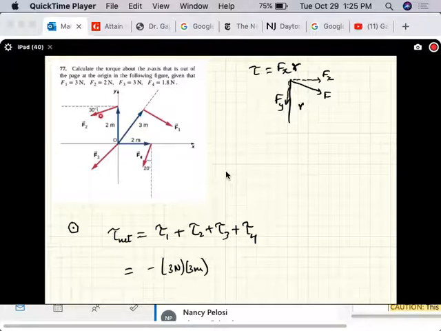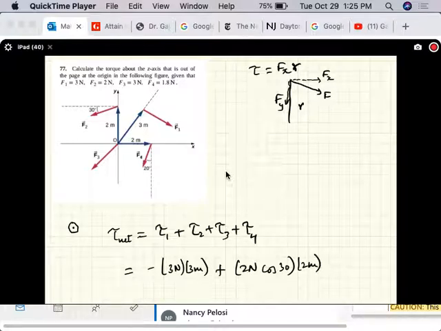Torque due to F2: F2 is 2 newtons, and 2 newtons cosine 30 is the perpendicular component. So plus 2 newtons cosine 30 times 2 meters.